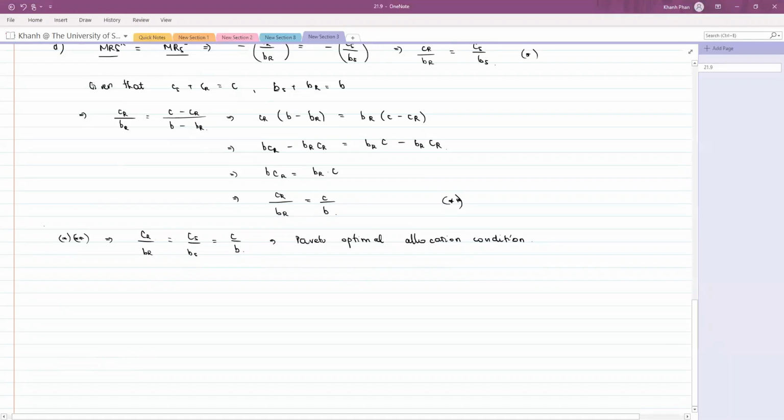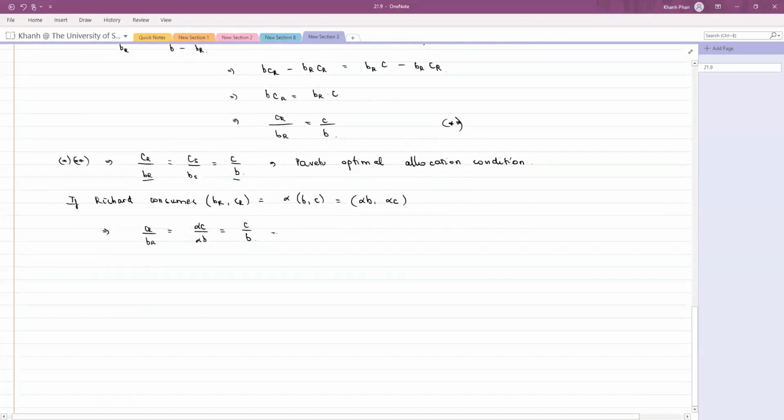So if Recharge consumes BR, CR equal to alpha of B and C, which is alpha B and alpha C, the same proportion of B and C, then we know that CR on BR is going to be equal to alpha C on alpha B, and that is just going to be equal to C on B. As you can see, this satisfies the condition for the Pareto optimal allocation.